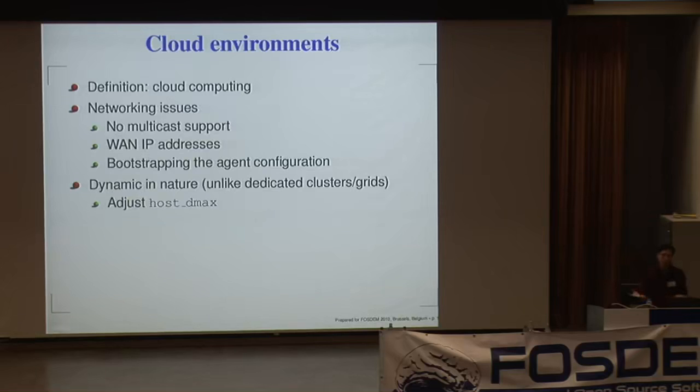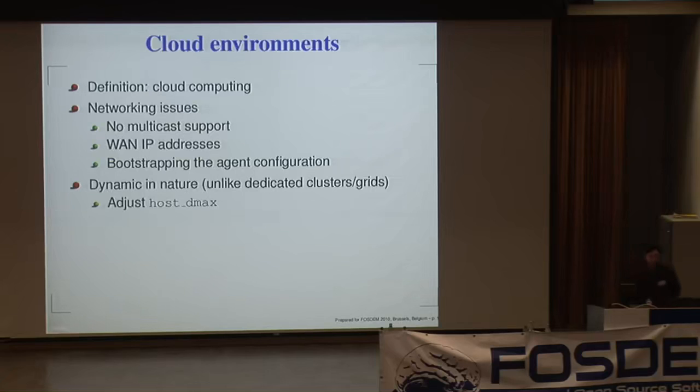These cloud computers basically have WAN IP addresses, so when you configure it, for load balancing purposes, you need some way of bootstrapping the configuration. Maybe when your cloud host boots up, it talks to a centralized server to figure out which host it should send its metric data to. So these are some things that we need to think about.